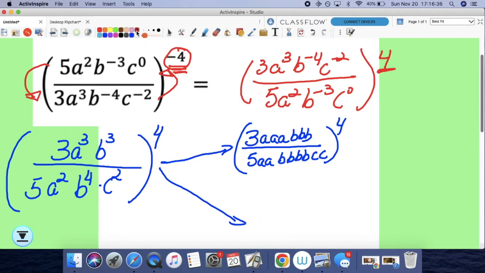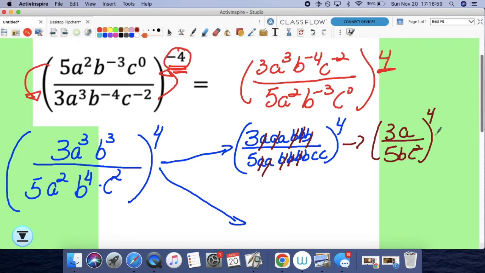If I do that, this a and this a is gone. This a and this a is gone, right? Simplify to 1. And then b's, I have 1, 2, 3. We can simplify with 1, 2, 3. So I end up having leftover a single a, a single 5 at the bottom, 1 b, and c times c, or c squared. That's being raised to the fourth power.